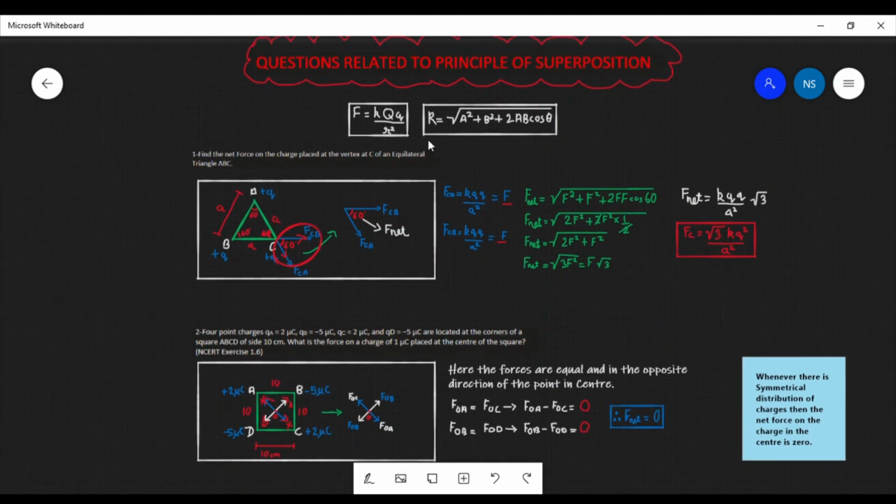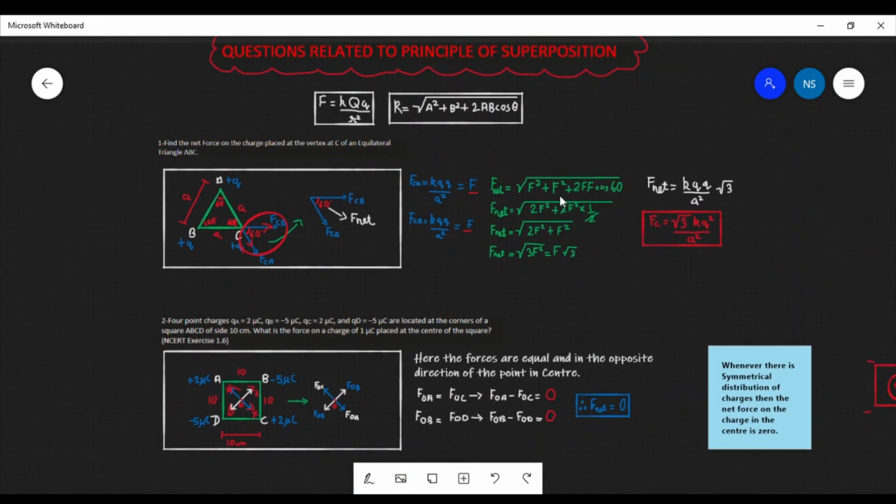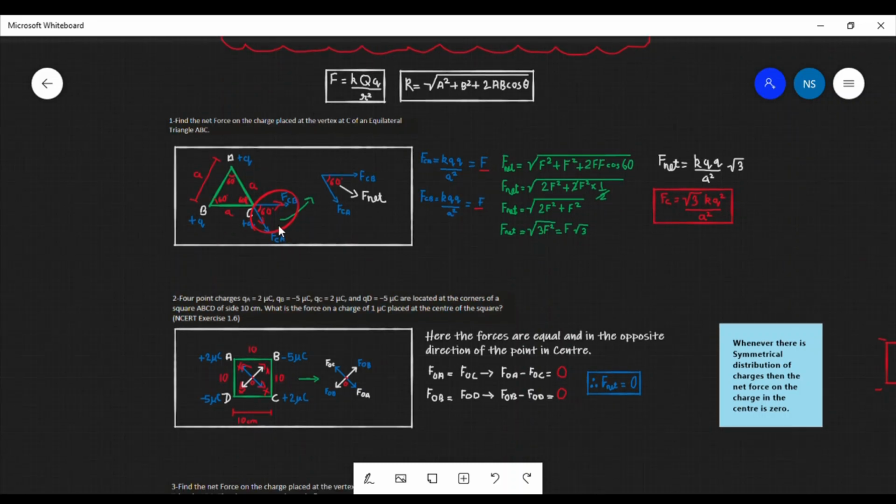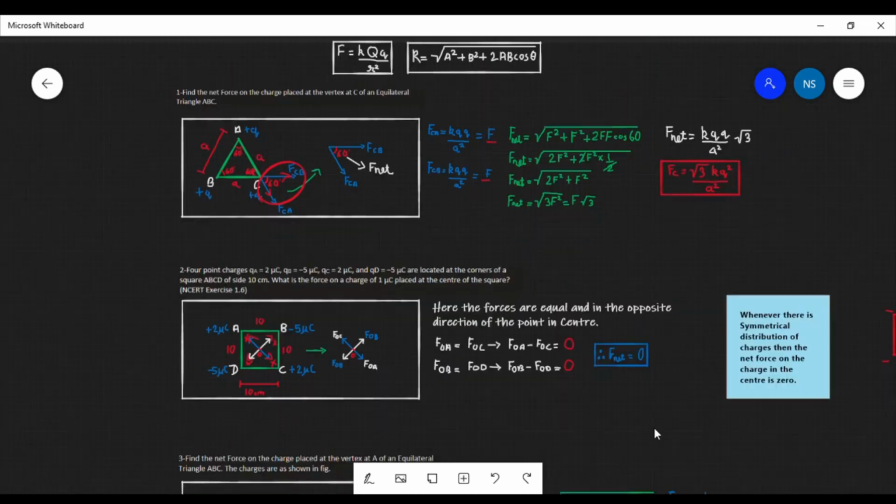And we must remember this formula, that R is equal to under root of A square plus B square plus 2AB cos theta. Also we must know Coulomb's law, and with that we can get the answer of the net force on a particular side or particular edge or whatever is given in the question.